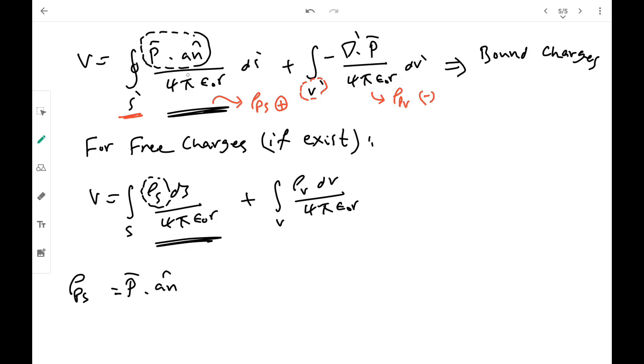So if we compare this part with this part, we will see that rho ps equal P dot A normal, and this equation is dual to the equation rho s equal D dot A normal found previously in chapter 4.